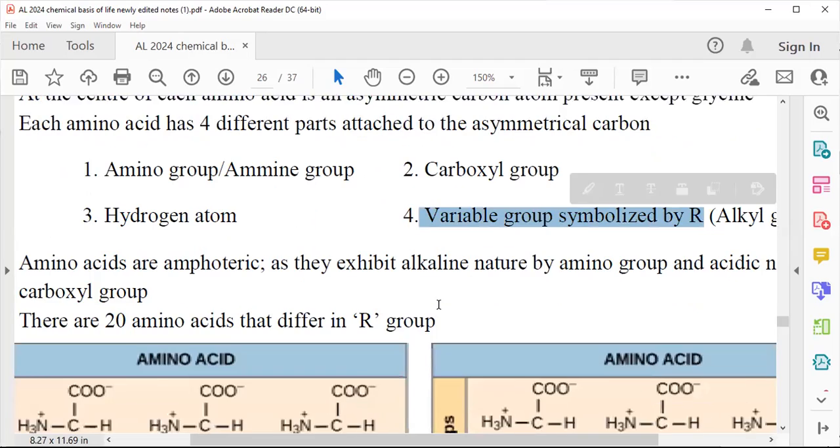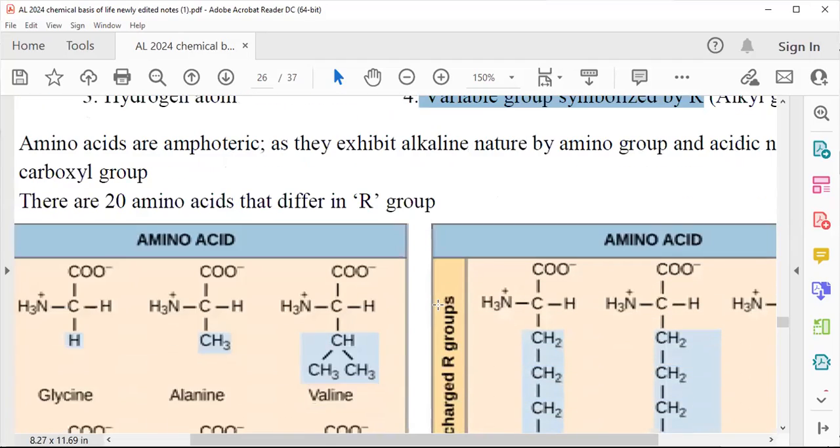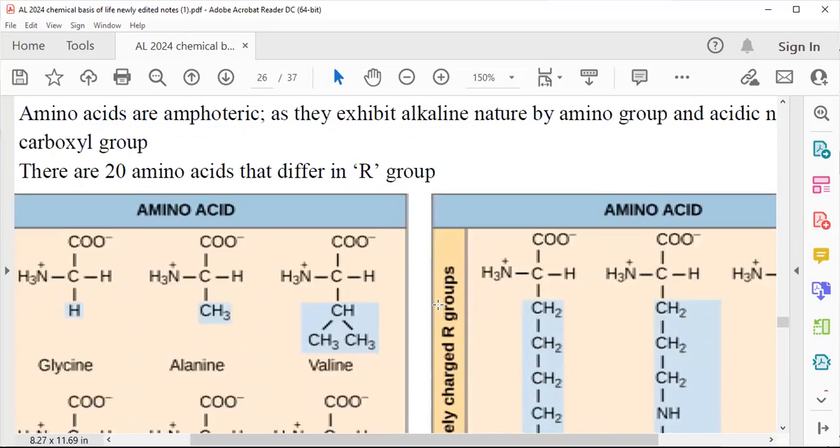Do you agree it is variable? Depending on R, changing the R, how many amino acids are there? 20 amino acids are there. Understood? Yes, sir. Good.